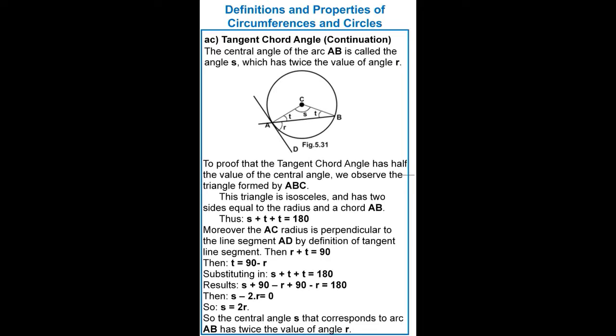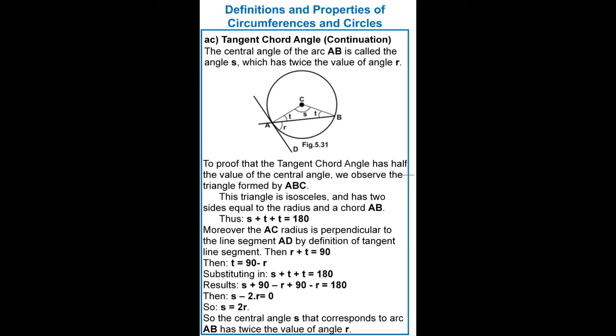On the other hand, the radius AC is perpendicular to the straight line segment AD, which by definition is a tangent line. Then the sum of the values of the two angles R and T results in 90 degrees. Then the value of angle T is equal to 90 degrees minus the value of angle R.